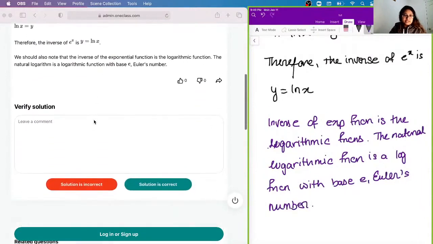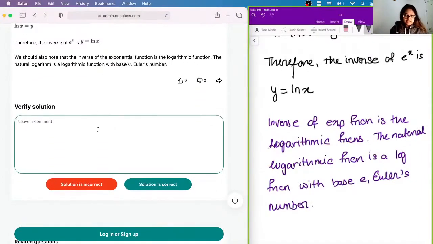This is what I've stated here, and therefore the solution is correct.